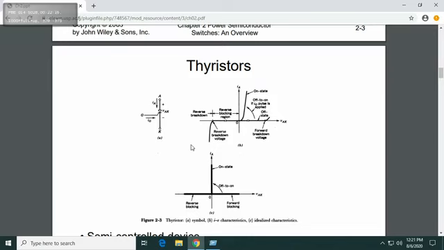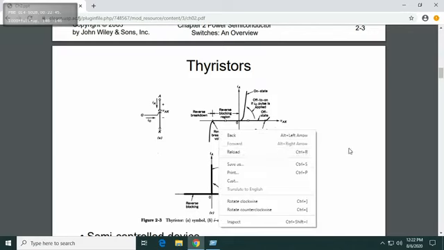So thyristors are also known as SCRs. What is it? Silicon controlled rectifiers. Thyristors are also known as silicon controlled rectifiers. So let's look at thyristors in detail. It's also in your book.